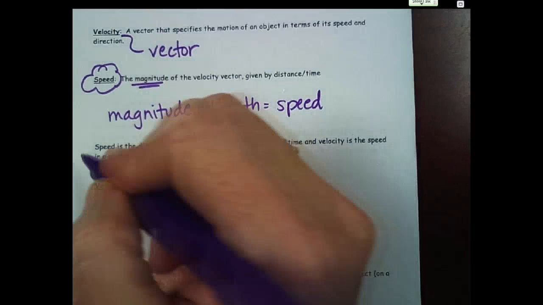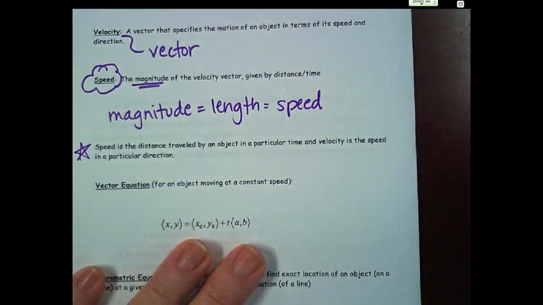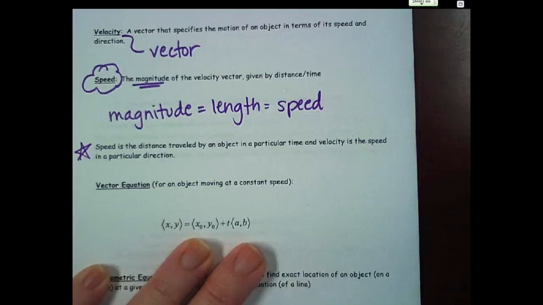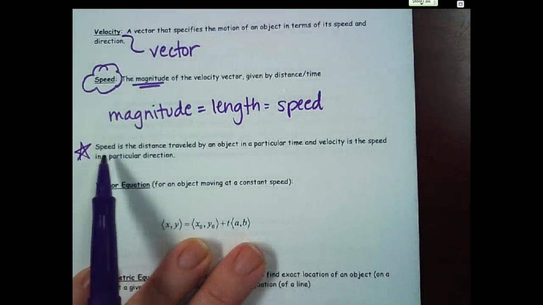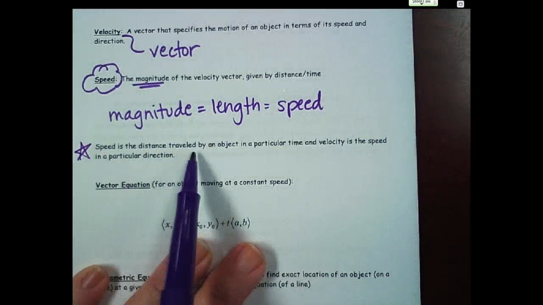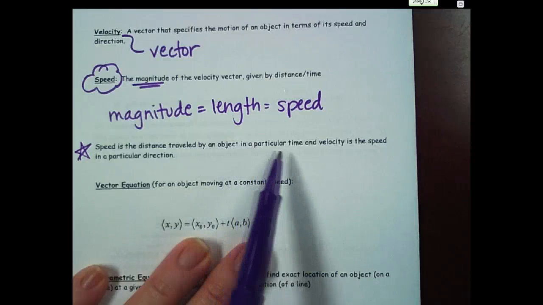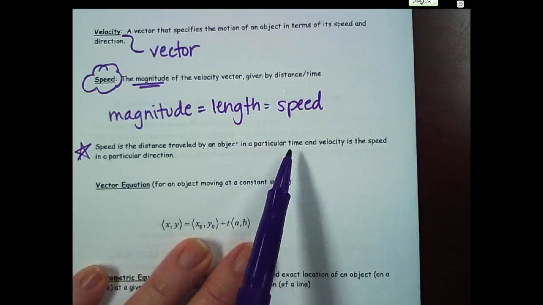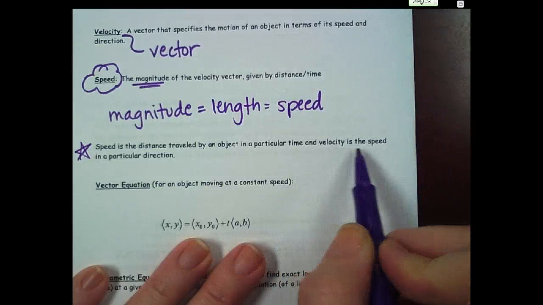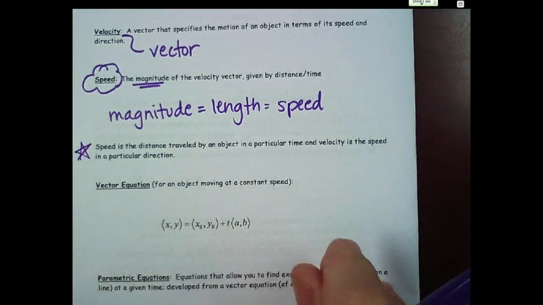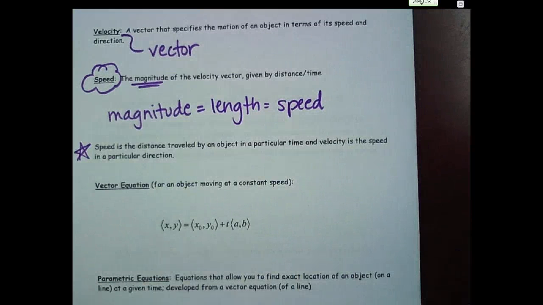And the last vocabulary that's kind of important, and links all this physics together, you think you were in a physics class, right? It says speed is the distance traveled by an object in a particular time. So speed is the distance traveled in a particular time, and velocity is the speed in a particular direction. The reason velocity is so important is that it not only tells me how far I'm going, but where.